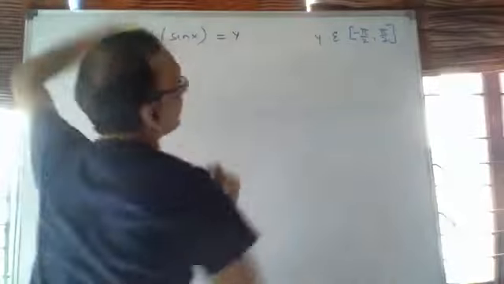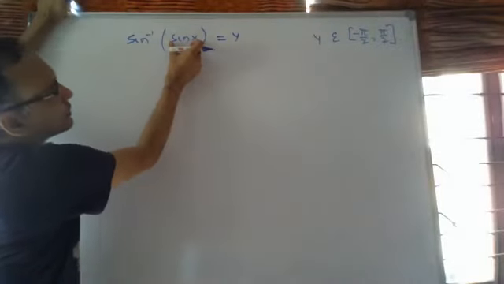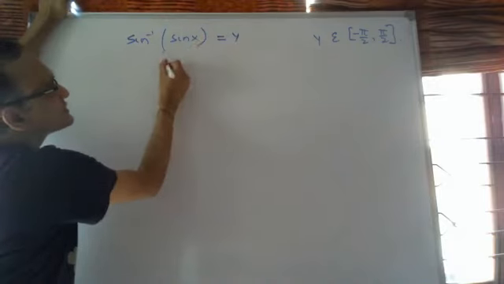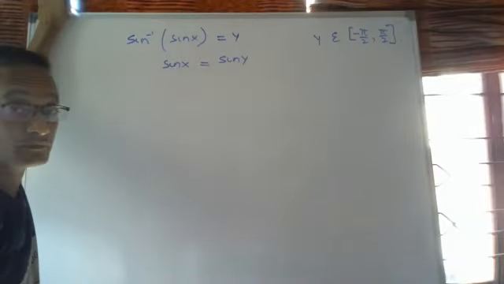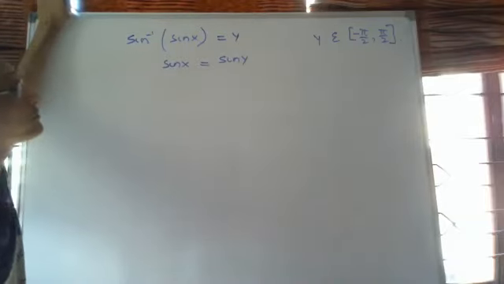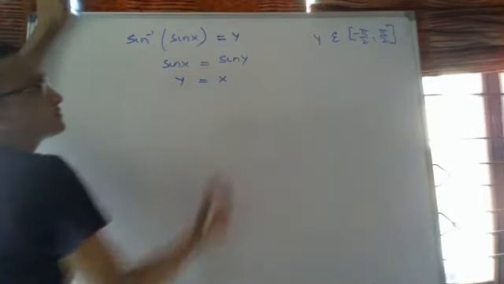Now, let me find out what is y. If sine inverse of sine x is y, then it means sine x is sine y, right? That means y is x.